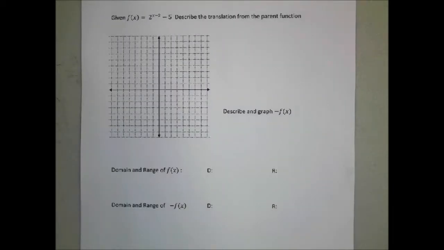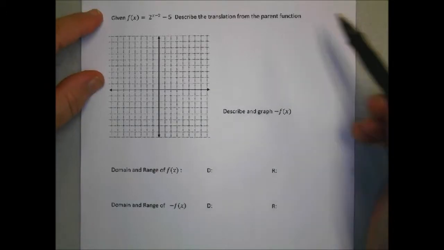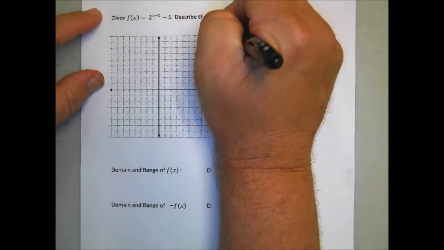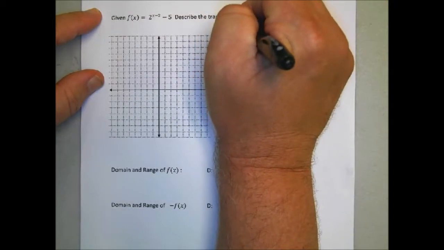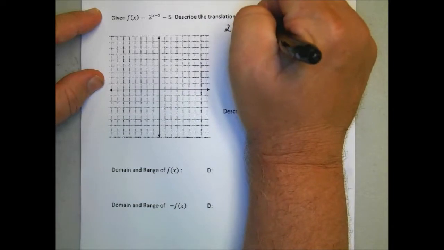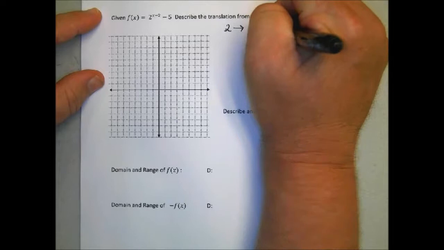Second example we're going to work with regarding reflections is going to be an exponential growth function, as you can see simply by the equation. F of x equals 2 raised to the x minus 2, minus 5. Describe the translation from the parent function. Well, the x minus 2 part of the equation is pushing that key point 2 units to the right, and the minus 5 is dropping that key point 5 units down.